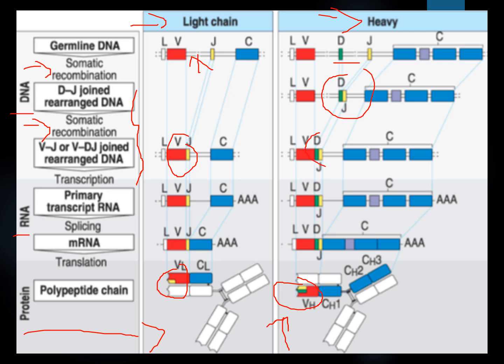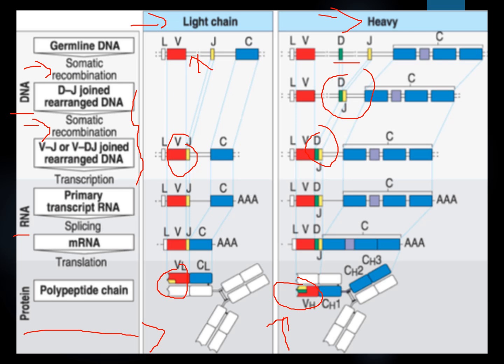And remember, as I said before, there is not one red segment, one green segment, one yellow segment. There are multiple, and the extra ones are just recombined out, so they disappear. They are removed from those new cells that are going to produce this antibody or receptors.